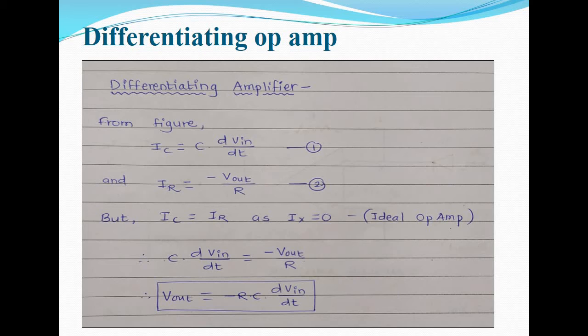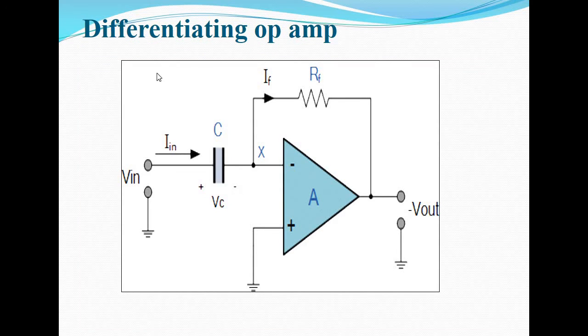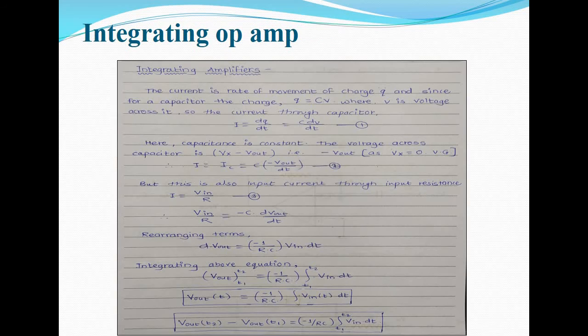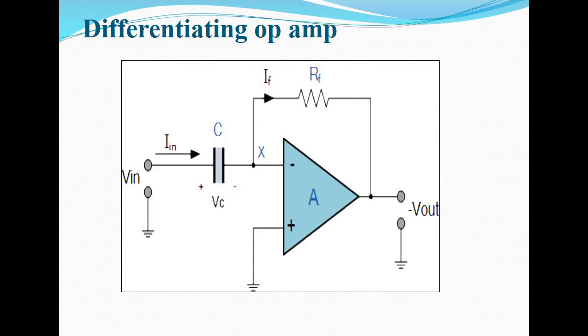So the current through this capacitor and the current through this resistor, we have derived the values from our previous type of amplifier, the integrating amplifier. Now the current through the capacitor is equal to the current through this resistor, because the same current is flowing through the capacitor and resistor.